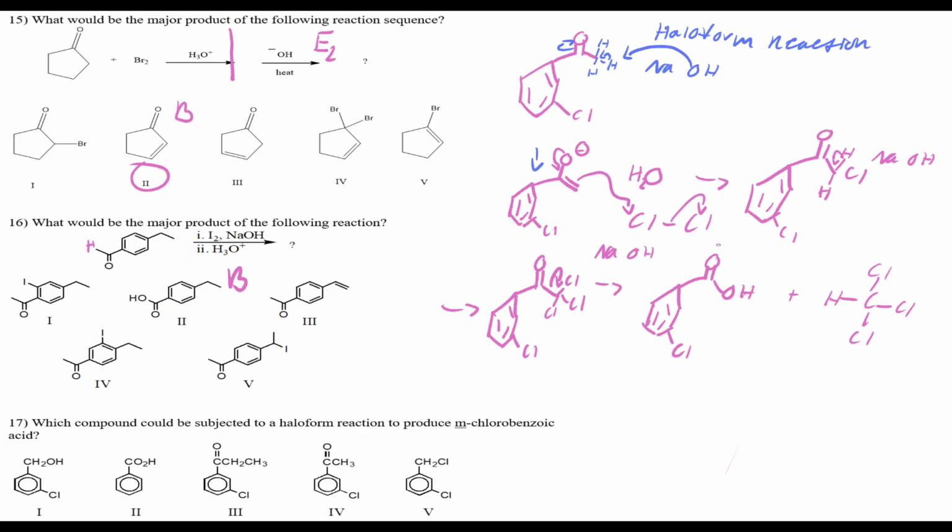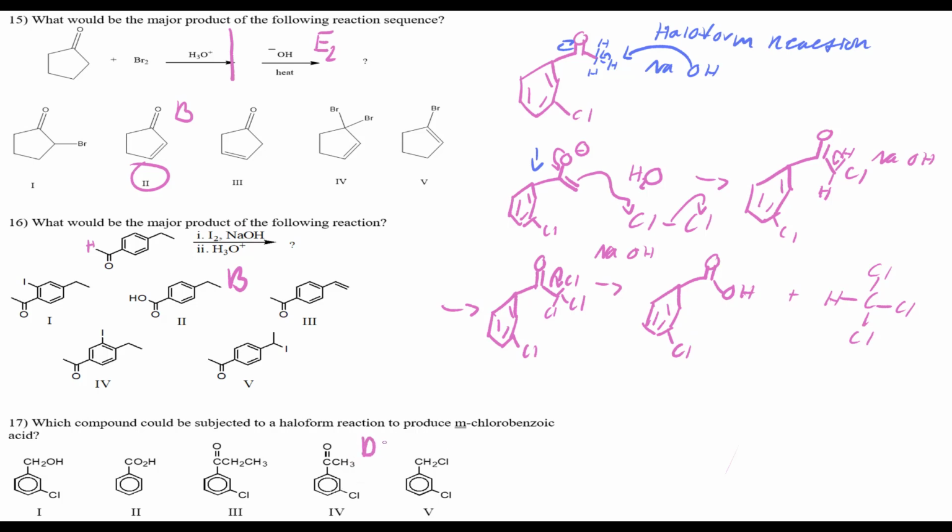Afterwards, that carbon could come off because it's a great leaving group. The negativity of the carbon is equally dispersed amongst the halogens, okay? And then you just treat it with a base. The base is going to come in, do a simple reaction, and add itself to the compound. So basically, you made a M-chlorobenzoic acid, okay? So answer choice 4 would be the correct answer choice.